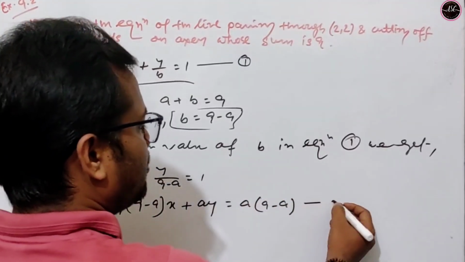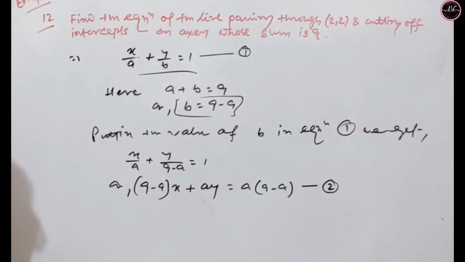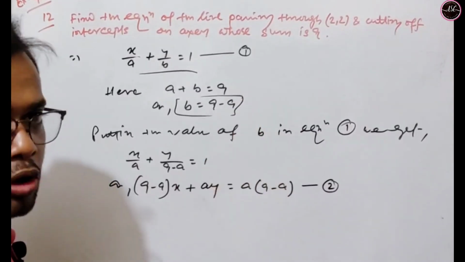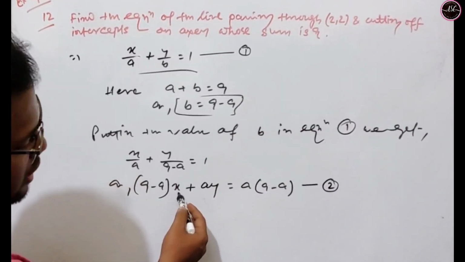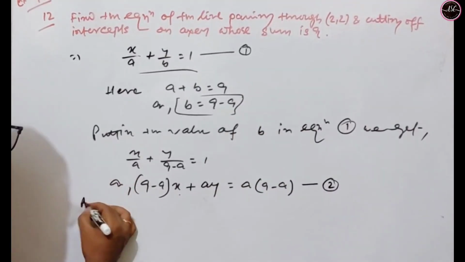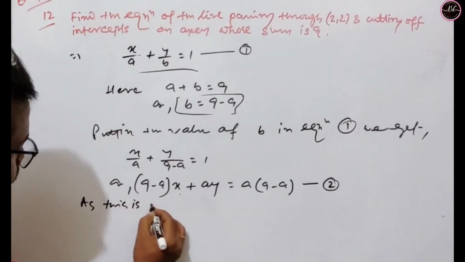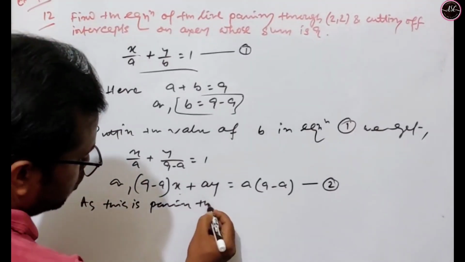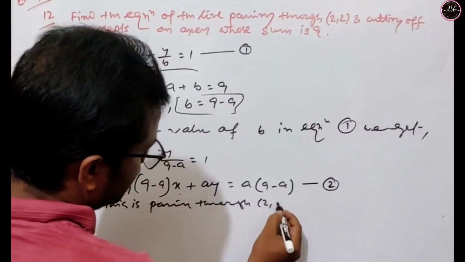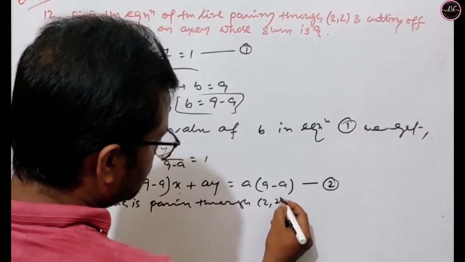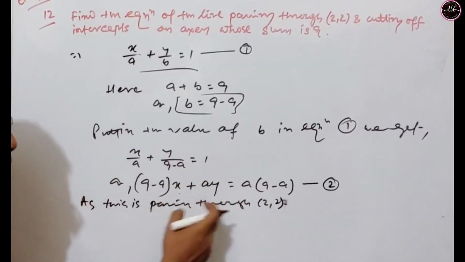This is equation number 2. Now as this line is passing through (2, 2), just put here 2 and 2. As this is passing through (2, 2), this equation must satisfy this.